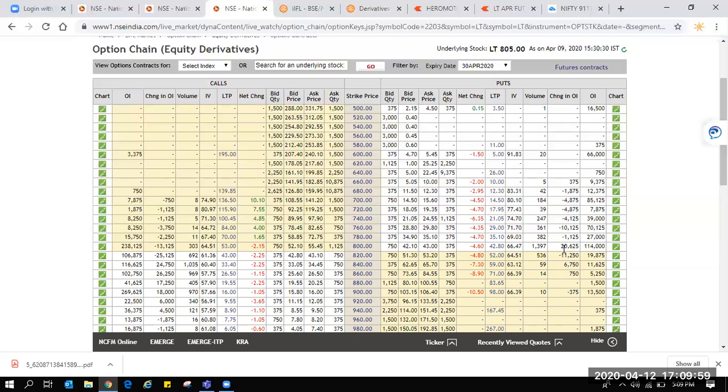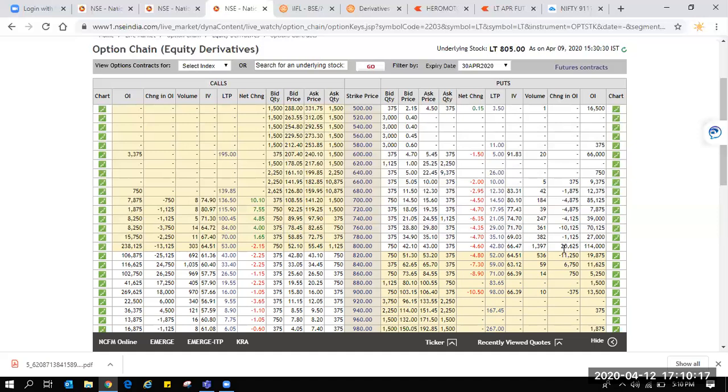But if you want to think that the stock can fall, then there should be an addition of 10% on the call side, and there should be unwinding in the position on the put side for the same strike.